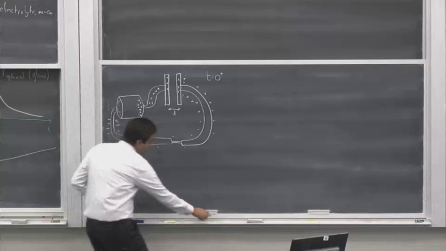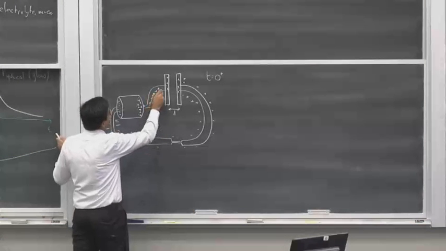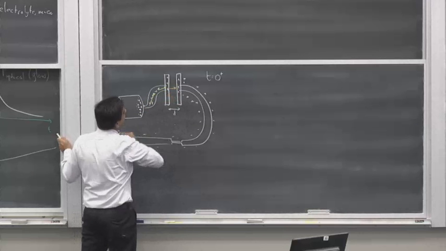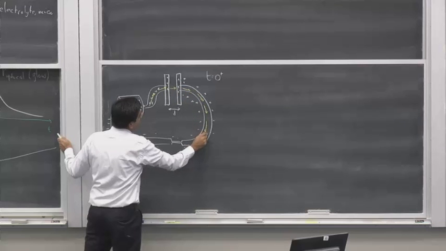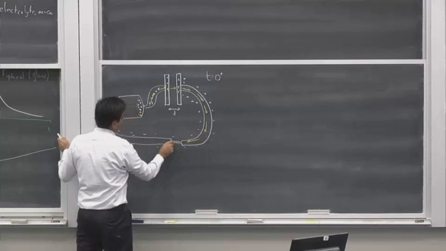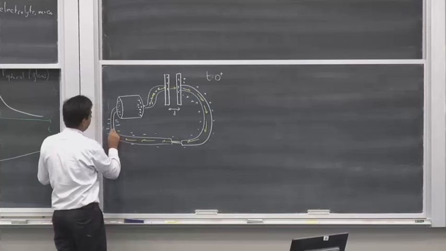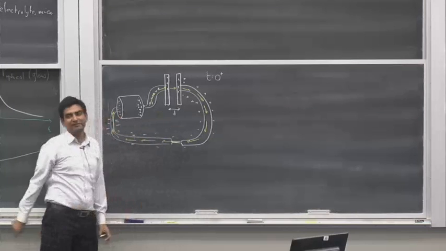This is going to set up an electric field inside the wire. Some small electric field here, slightly larger electric field here. Now this electric field is going to make a current go around the circuit.